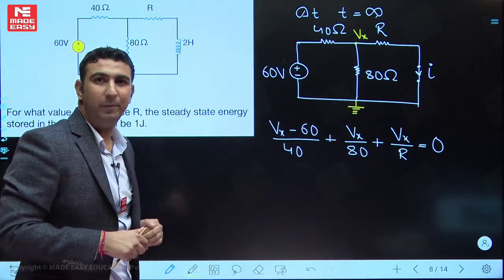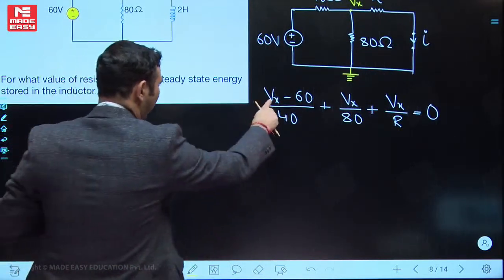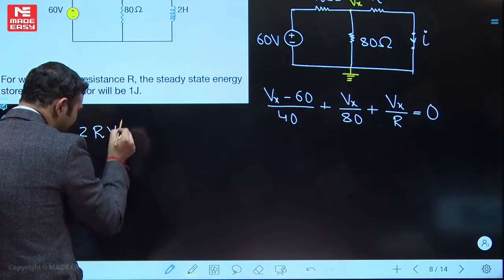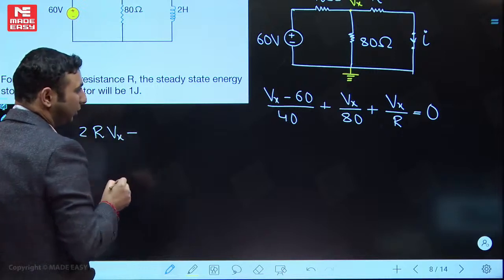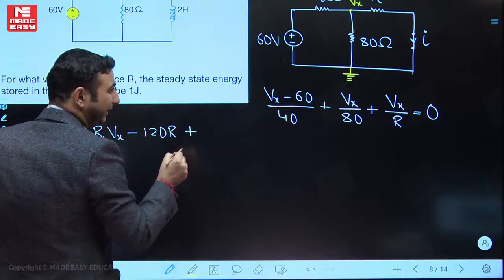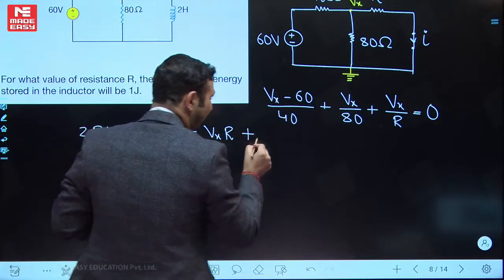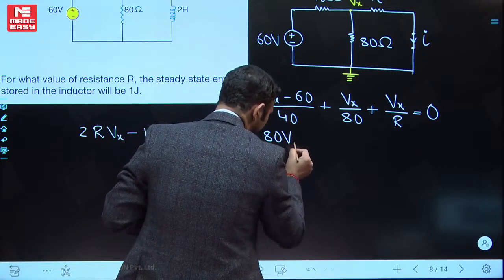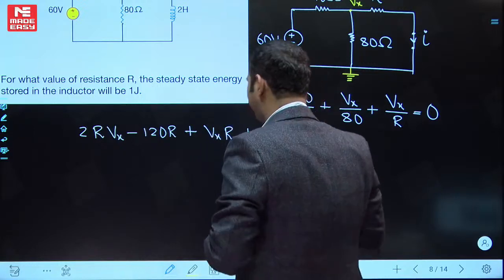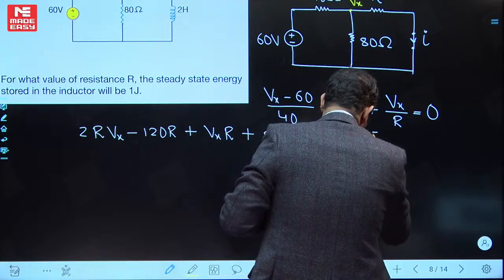Let's take the LCM. What would be the LCM that I'll be having? 80R. So if 80R is there, so it will be 2R Vx minus 120R plus 80 Vx plus R Vx is equal to 0.